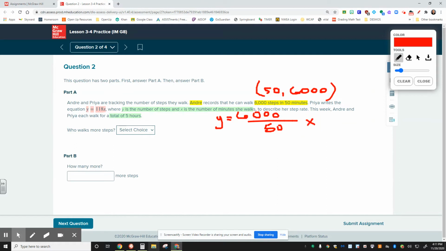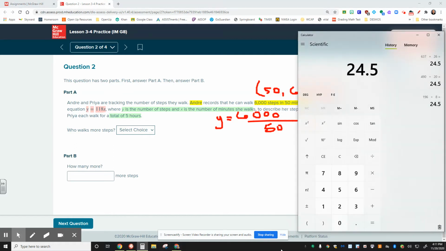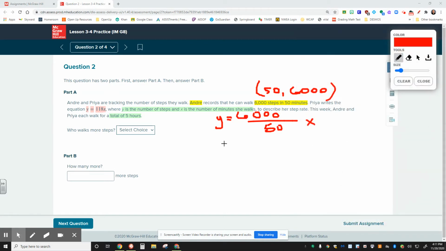We might want to do a little bit more work with that and actually simplify. We see 120.